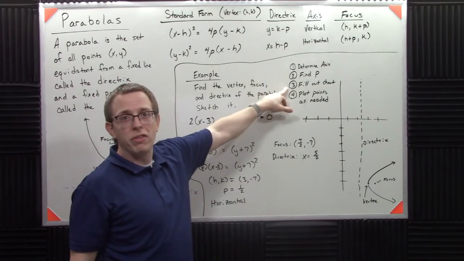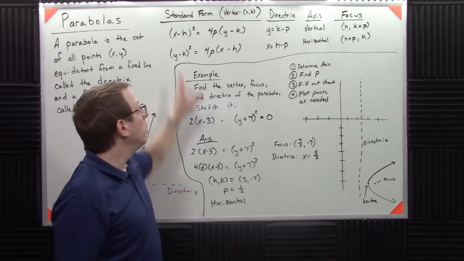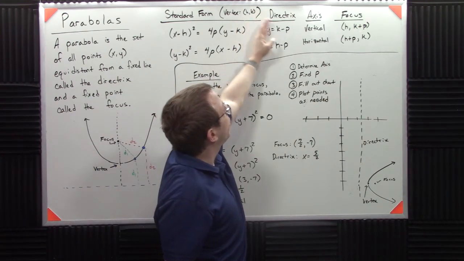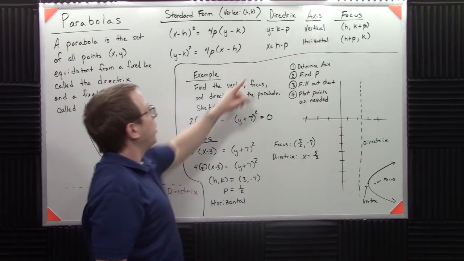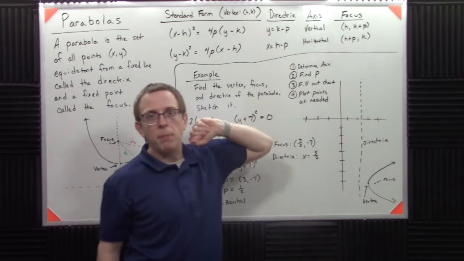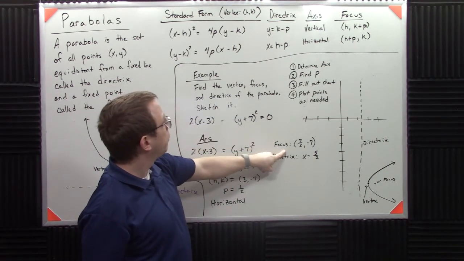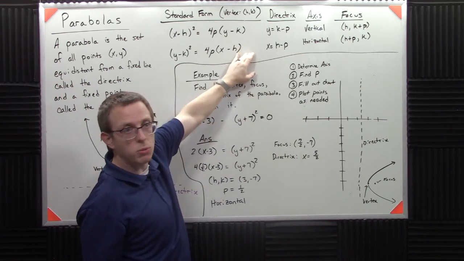And now we really just want to fill out the chart. Now I already kind of did that by doing h and k here. But look at the chart. Okay, all right, I've got to find my vertex, my directrix, and my focus. But I've got h, I've got k, and I've got p. So I automatically say, okay, well, focus is, we got a horizontal one. So you got to keep track.